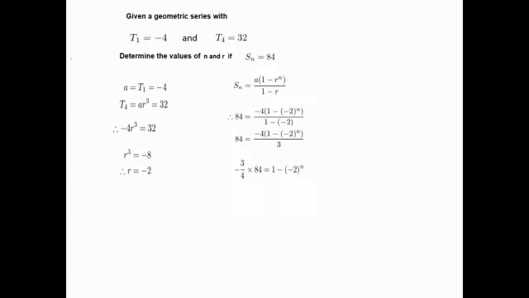So next one, the calculation of minus 3 by 4 into 84, you will get minus 63. So minus 63 is equal to 1 minus (minus 2) the power n. Okay, take the 1 to the other side, it will become minus 64. Minus 64 is equal to minus (minus 2) the power n.